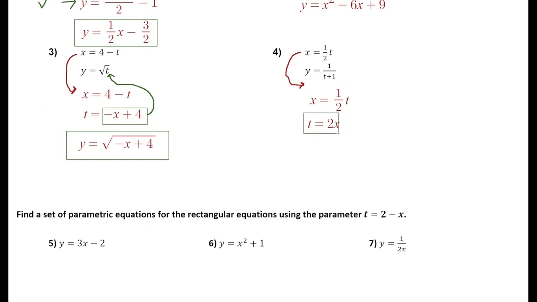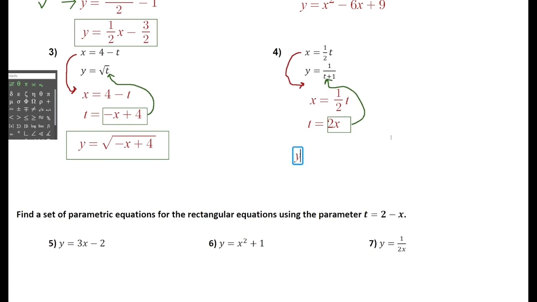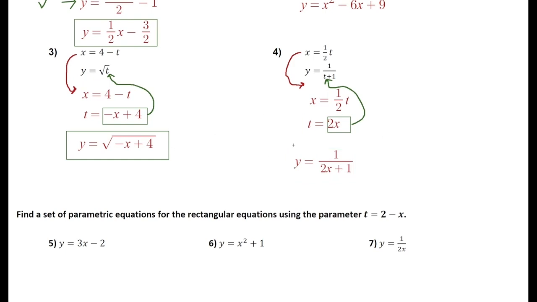This is the expression, this 2x here, that I'm going to substitute into t for the y equation right here. And so what we end up with is y equals 1 over, and instead of t we've got 2x plus 1. And that equation looks good to go too.